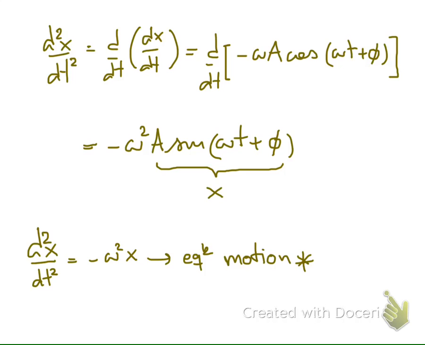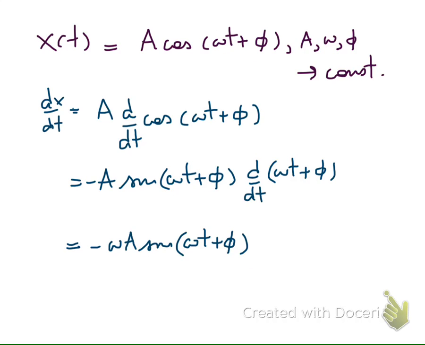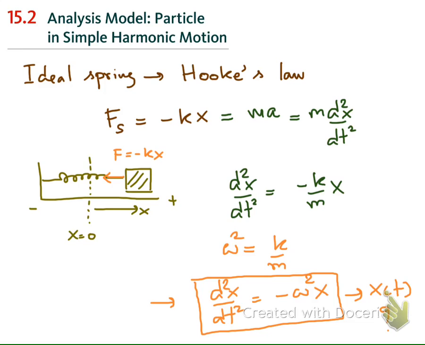So it means that this x equal to a cos(omega t plus phi) is the solution of our problem, since d square x by dt square is equal to minus omega square x, which is the equation of motion of our problem.